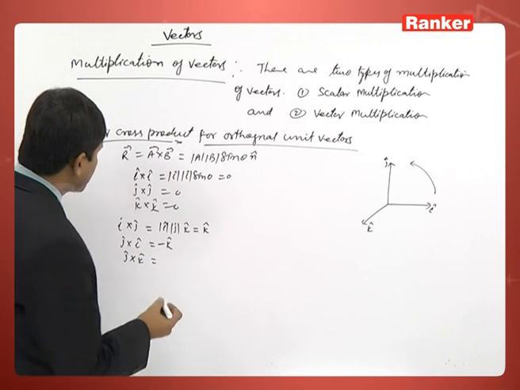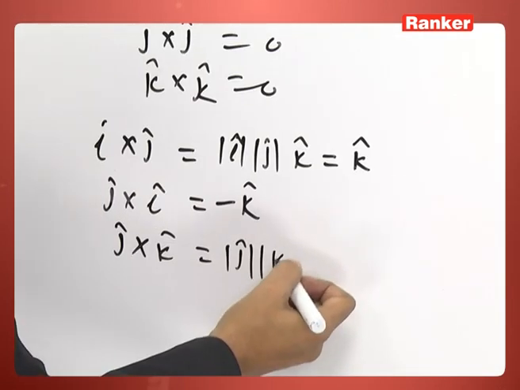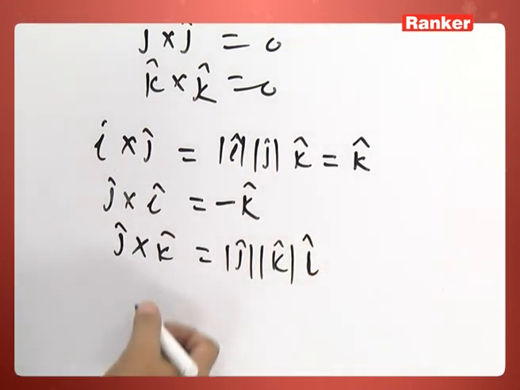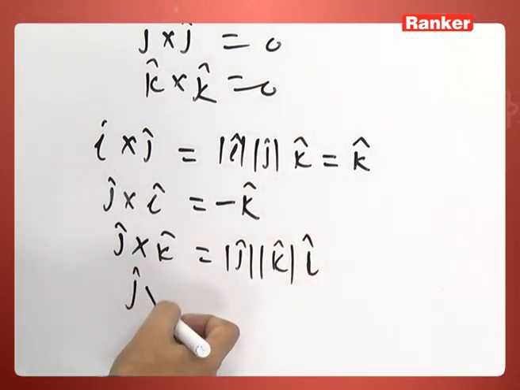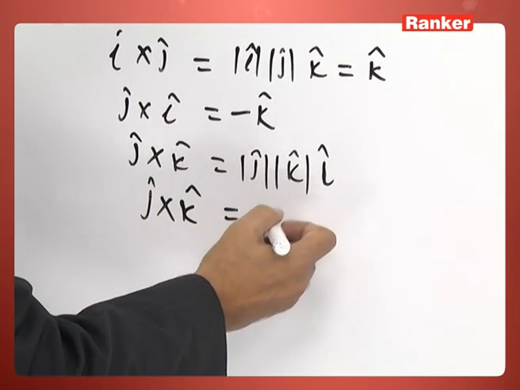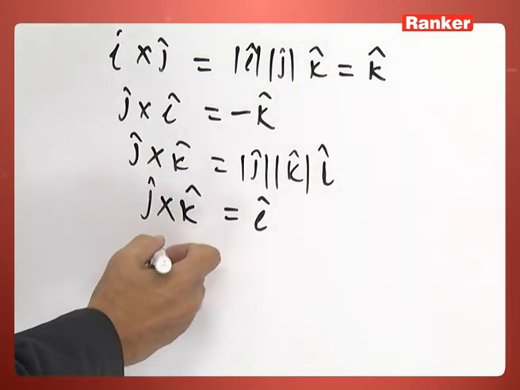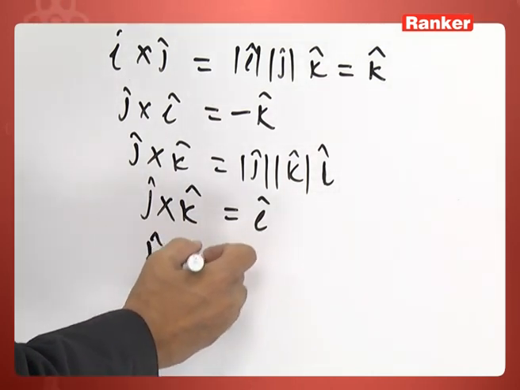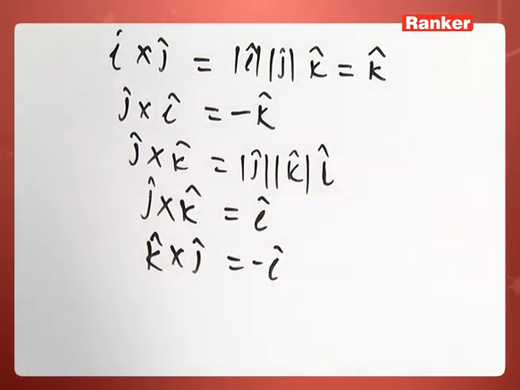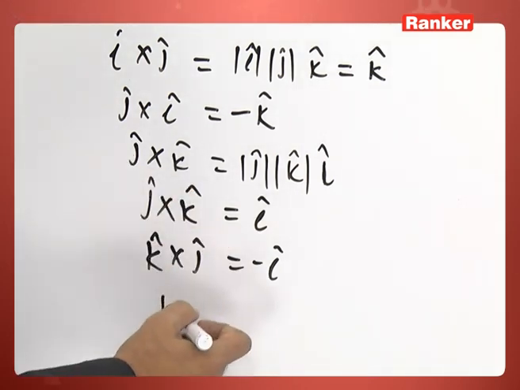So, j cross k is mod of j, mod of k cap, and the direction comes as i cap. Finally, we can say j cap cross k cap is equal to i cap. Reverse of that, k cap cross j cap is minus i cap.